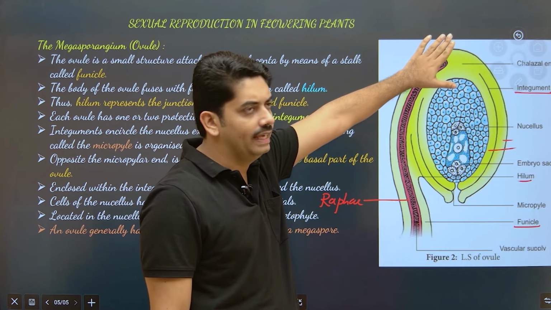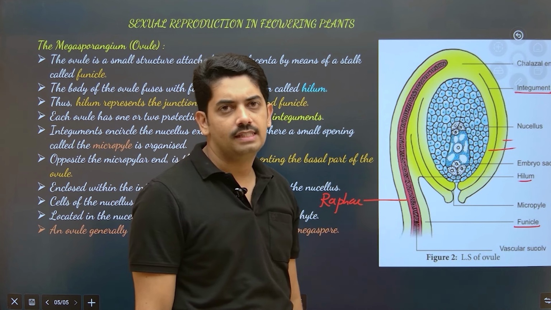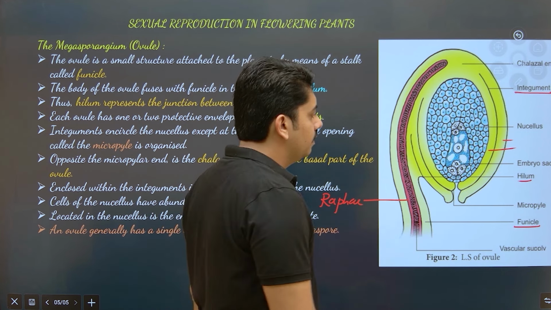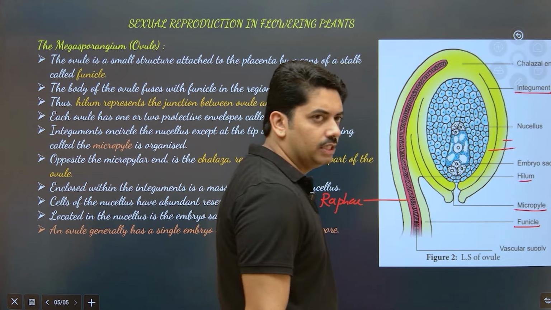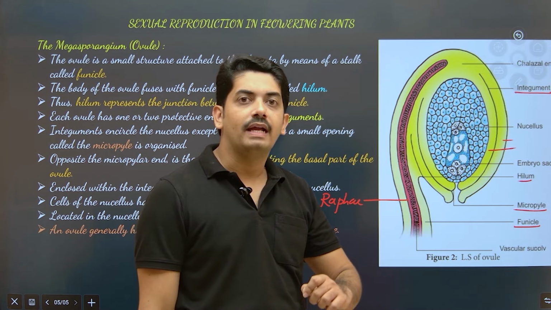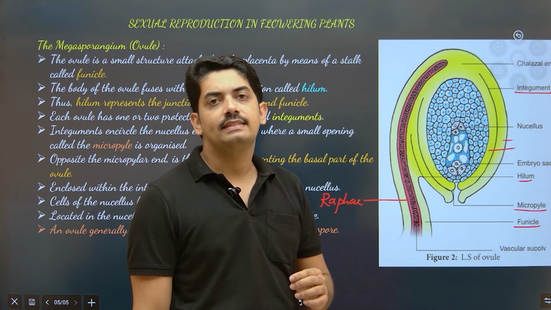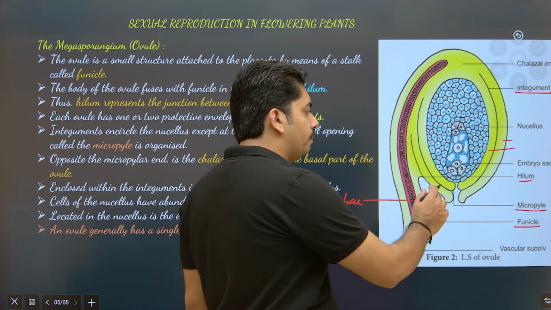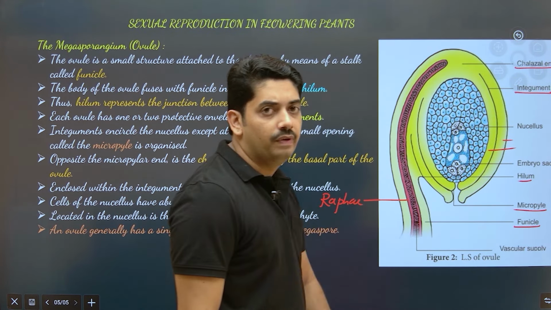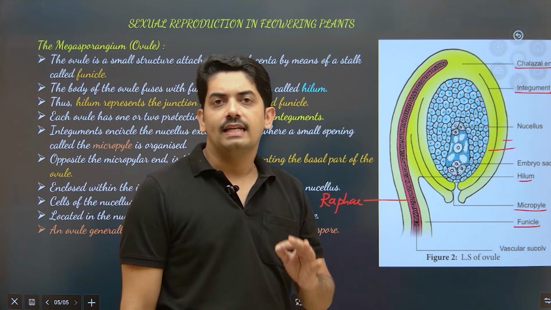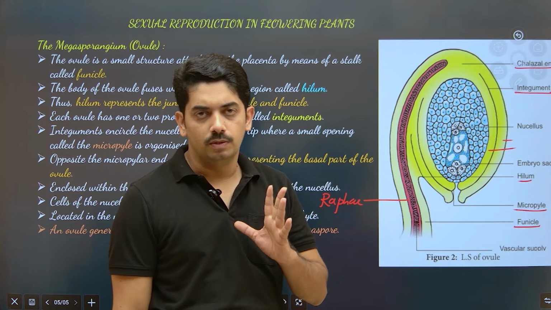One is at the extreme end, another here in the micropylar region. This micropyle is the region where the pollen tube enters the nucellus and releases the male gametes. Opposite to this we call the chalazal end. Very, very important: the chalazal end represents the base of the ovule.